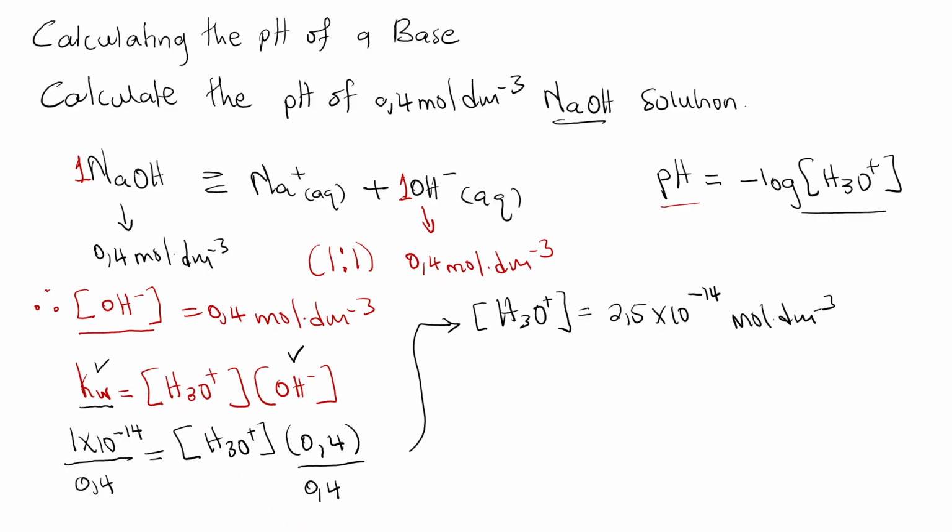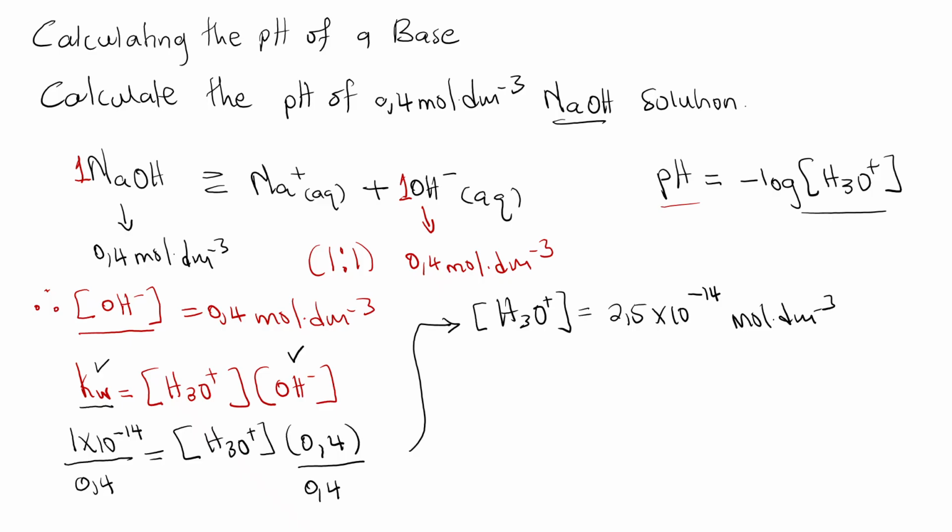So now I think everyone understands why, when we calculate the pH of a base, we start by finding the concentration of the OH so that we can use the KW formula and isolate our H3O plus.